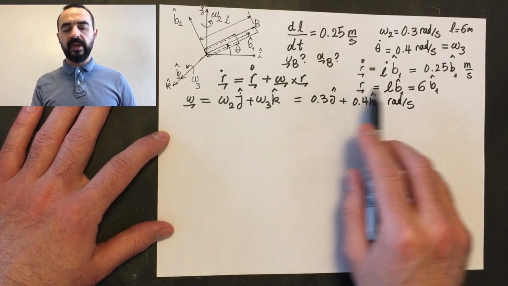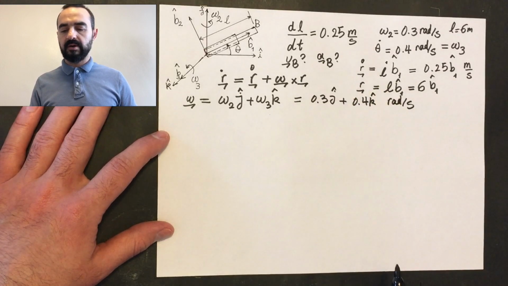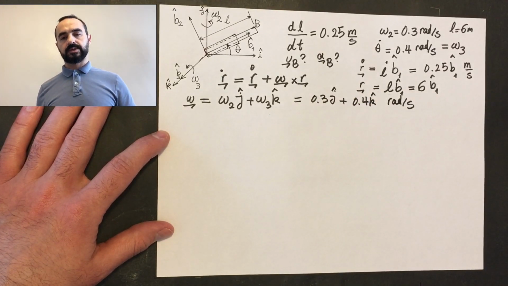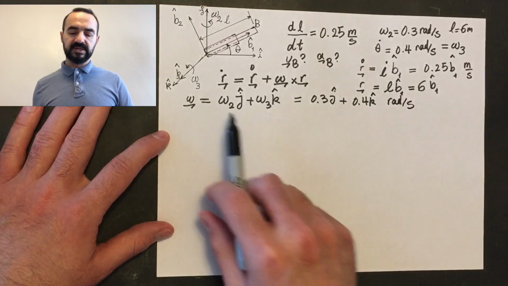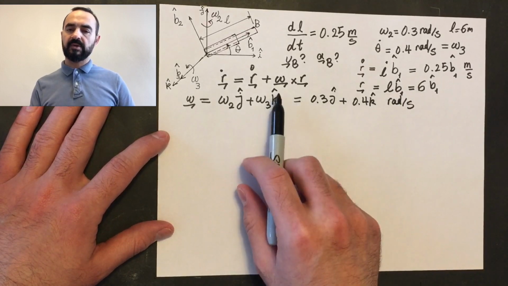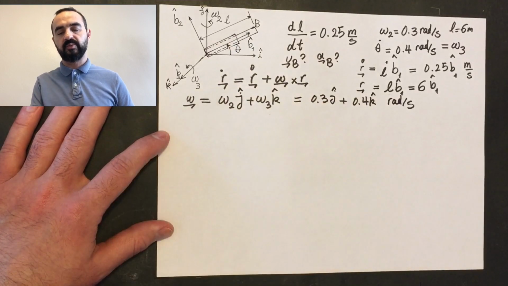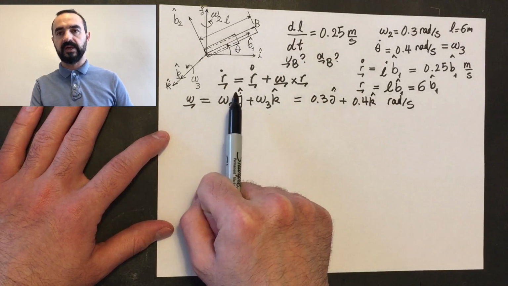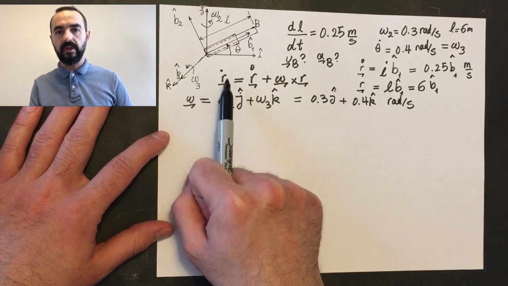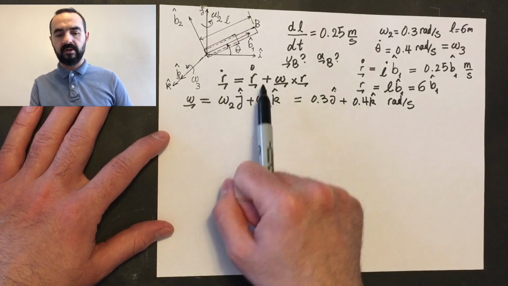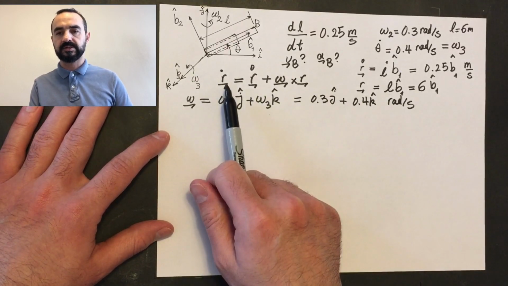So I have omega, I have r, I have r circle. Then you simply substitute all these parameters into our general equation describing velocity in the inertial frame, r dot. Again, I'm dropping subscript b for clarity of notation. I don't want to carry all this r sub b, r circle sub.